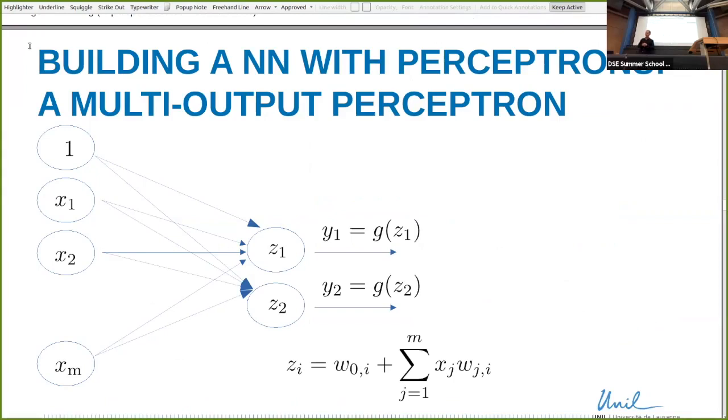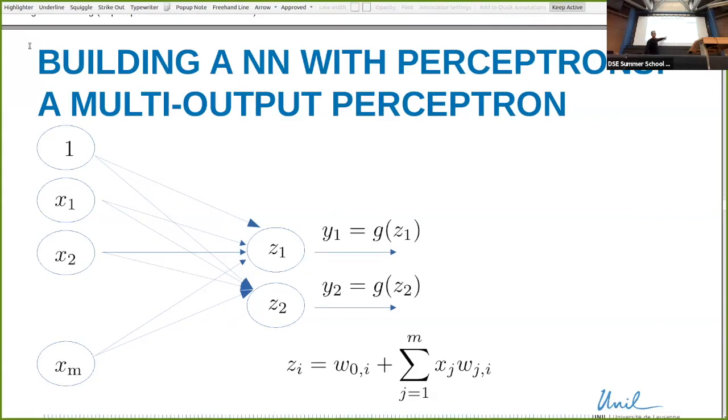Now let's move on and think of first of all having multiple outputs. Say we want to do time iteration or policy iteration, so we want to approximate multiple policies at the same time, subject to a high-dimensional input. So how can we do that still in the context of perceptrons? Let's just add, instead of having just one of those, 2 of those.